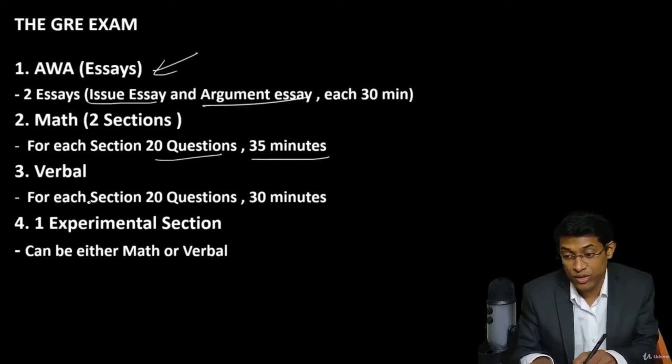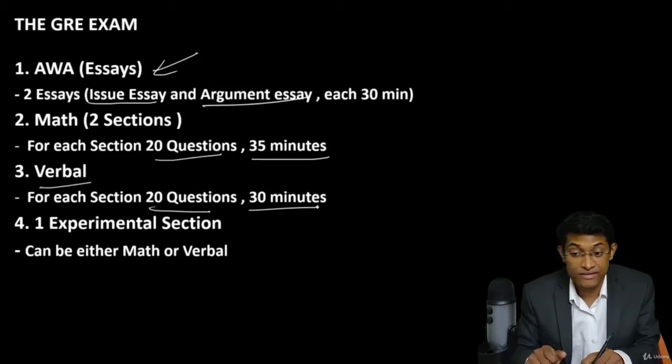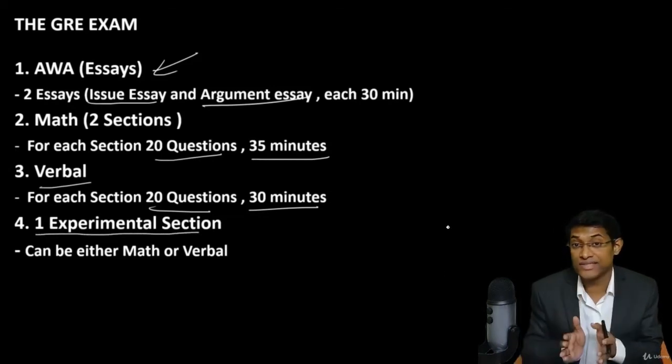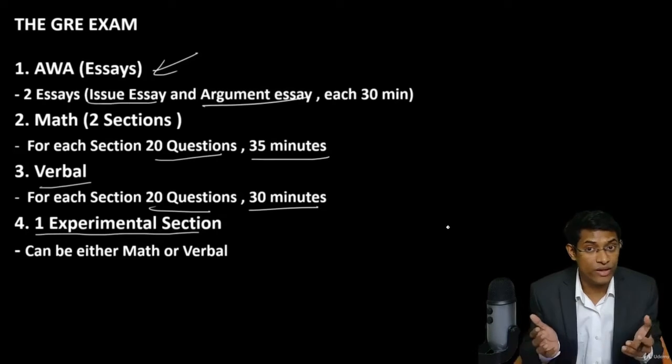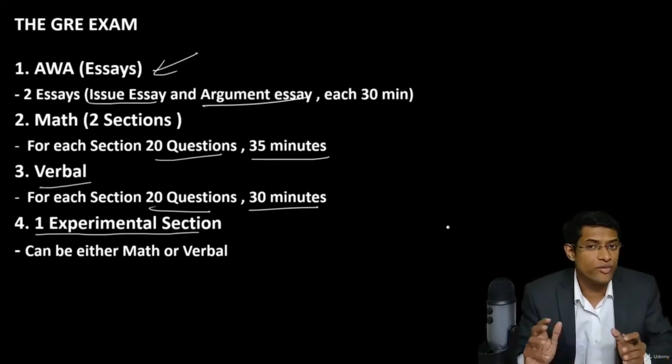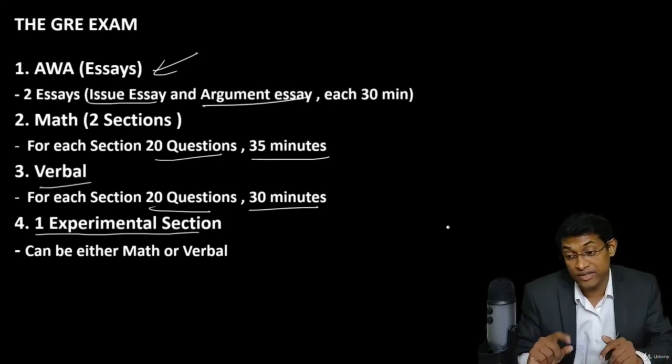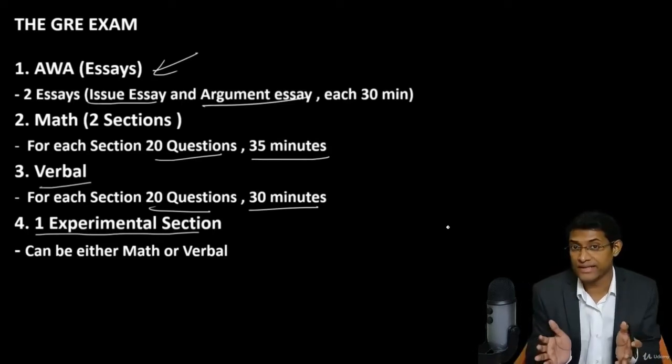Alright. Now, you will also have 2 verbal sections, and in each verbal section, you will have 20 questions and you will get 30 minutes per section. You will also have 1 experimental section, and this section can either be verbal or quant. So it will vary from person to person. Now, remember, you won't know which section is the experimental section.